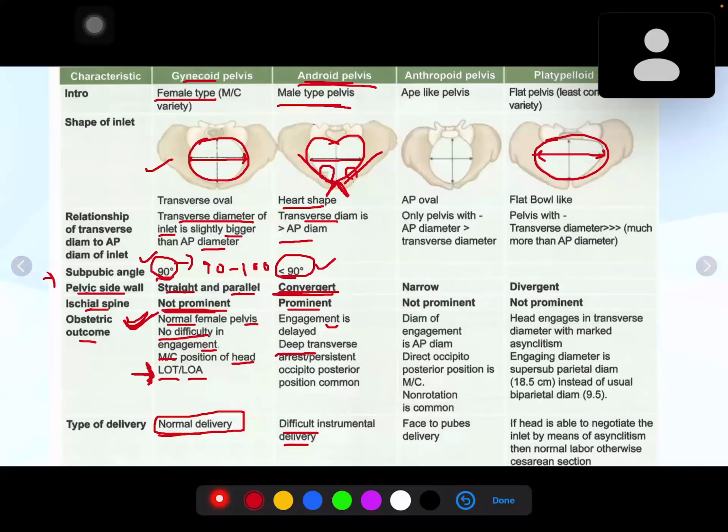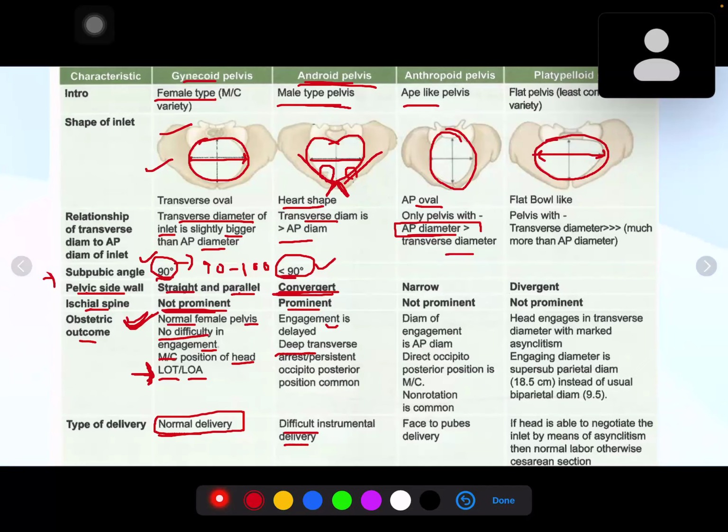Okay. So now the anthropoid pelvis, the ape-like pelvis. So this is the transverse. Now this is oval like an ape in AP. Okay. Also this is an oval shape. Now again, it's AP oval, and here the AP diameter is more than transverse.